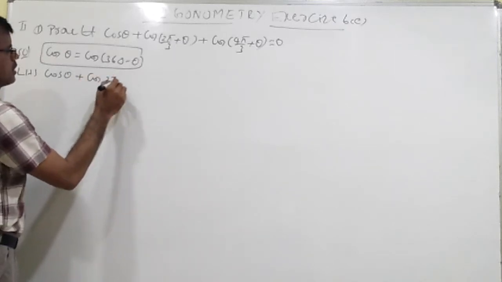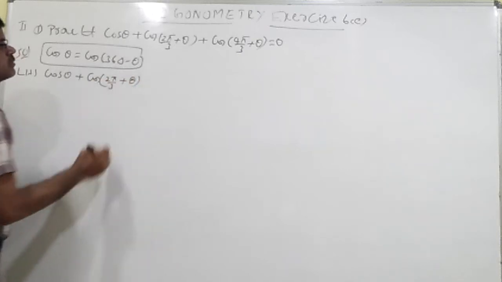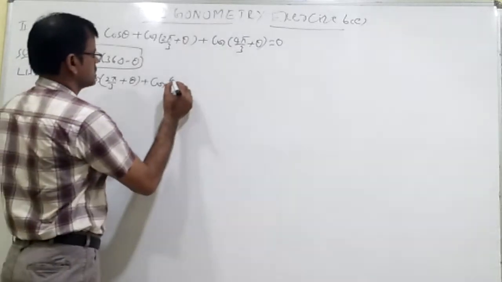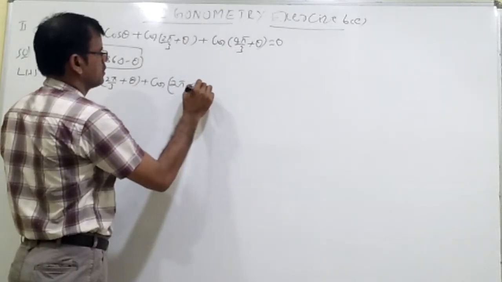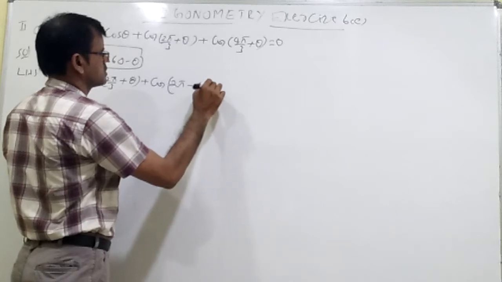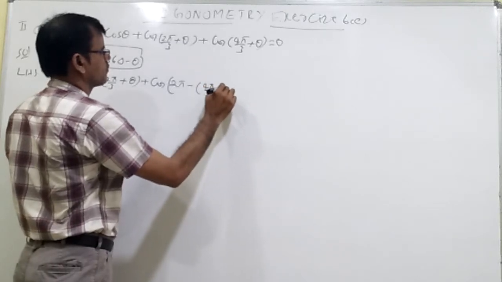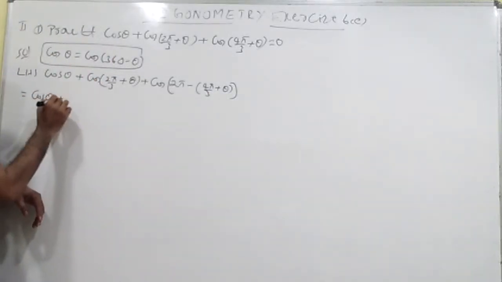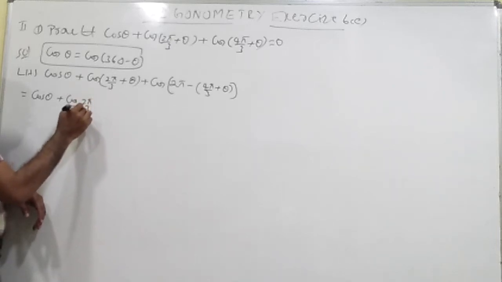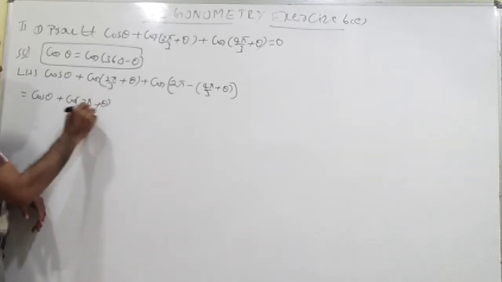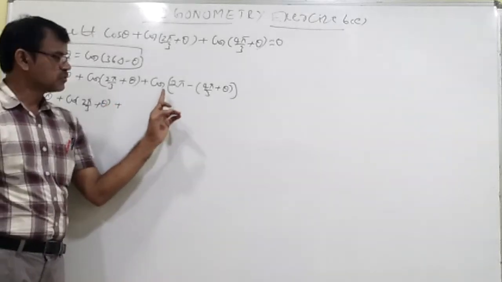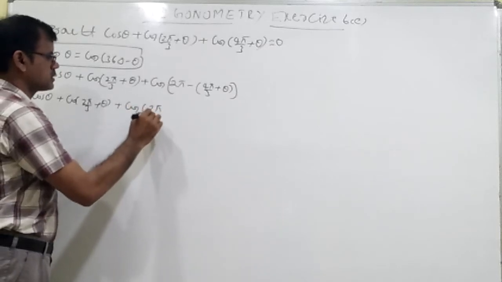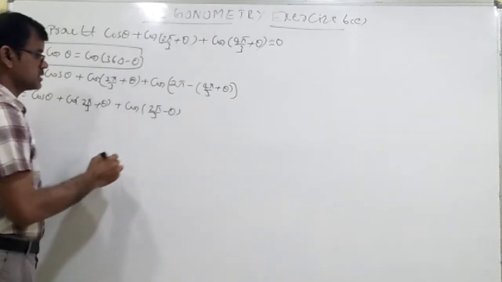This one, cos of 2 pi by 3 plus theta, plus this total angle can be written as, instead of 360, 2 pi minus of 4 pi by 3 plus theta, that is equal to cos theta plus cos of 2 pi by 3 plus theta. Now take LCM here, 6 pi minus 4 pi becomes 2 pi. So within the brackets you can write 2 pi by 3 minus theta.